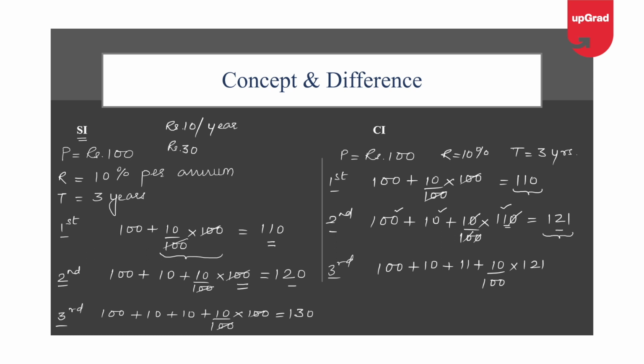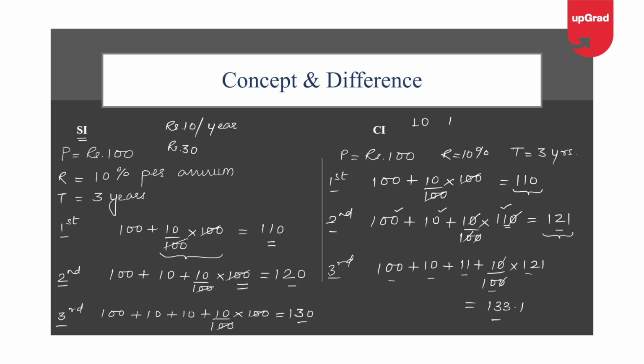That's my previous year's amount. 10 and 10 gets cancelled, and 121 by 10 will give me 12.1. So what will be the addition? 100 plus 10, 110 plus 11, 121 plus 12.1, which is 133.1.